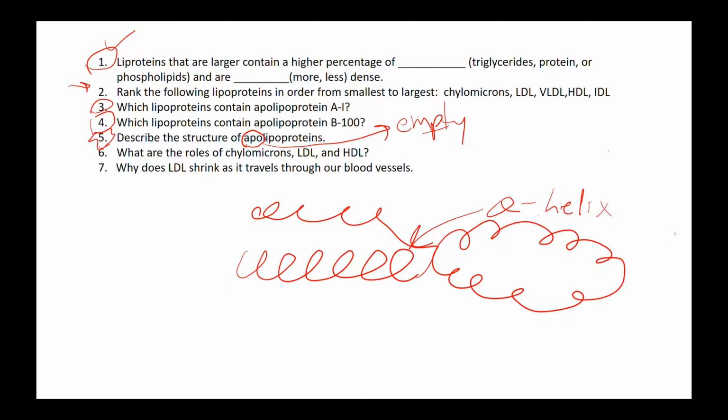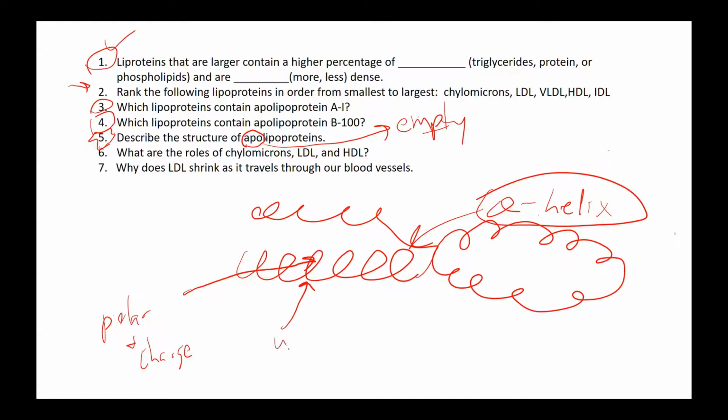But I would want you to know that it's mostly an alpha helical protein, and I also want you to know that one of its functions is to help make fats soluble so they can be transported. So one face of these alpha helices, the outside face, is polar and charged, whereas underneath here, this arrow is supposed to be on top of the helices.